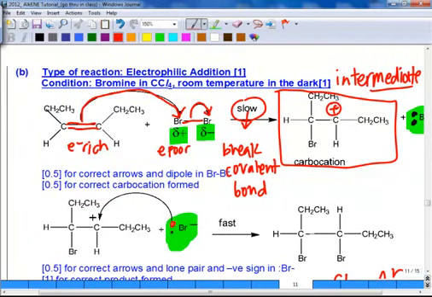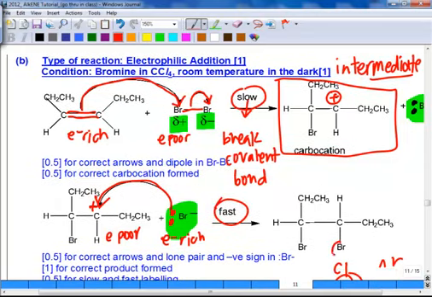So your lone pair, electron rich, goes to this one, electron poor. So the arrow goes in this direction to the electron poor. Plus and minus attract. That's why the reaction is fast. And you should get the Br joined to this carbon. Is it okay? So this is the mechanism.